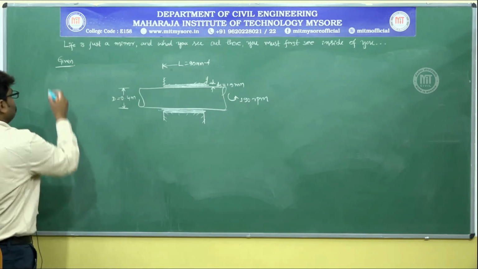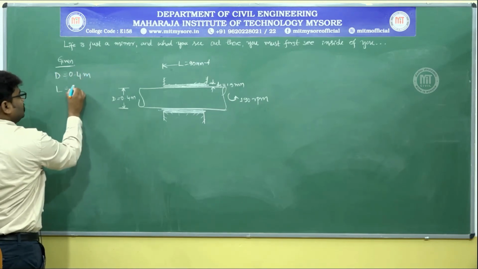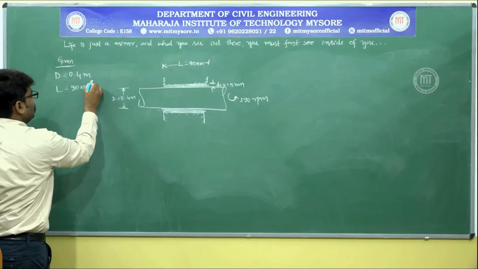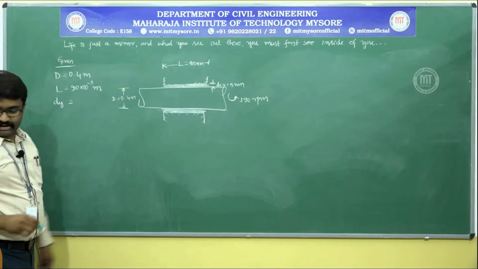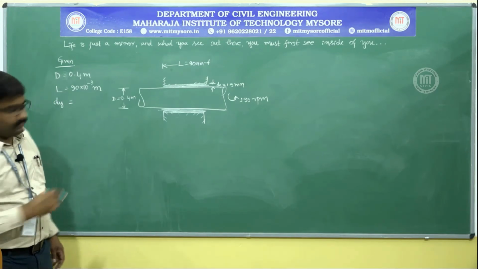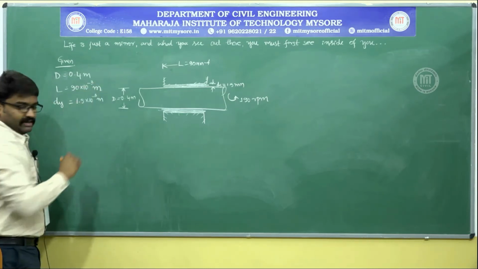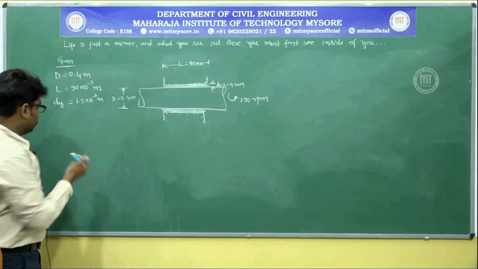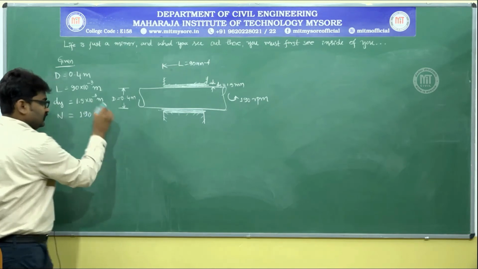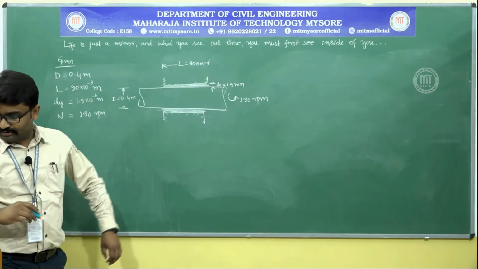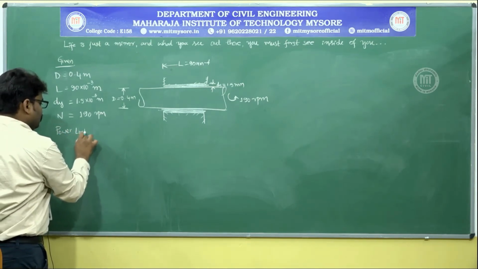So I'll write all those things that I require. D is equal to 0.4 meter. L is equal to 90 millimeter, which is nothing but 90 into 10 power minus 3 meter. dy is equal to 1.5 into 10 power minus 3 meter, and then you have rotations per minute, n is equal to 190 rotations per minute, and then you have to calculate power lost.